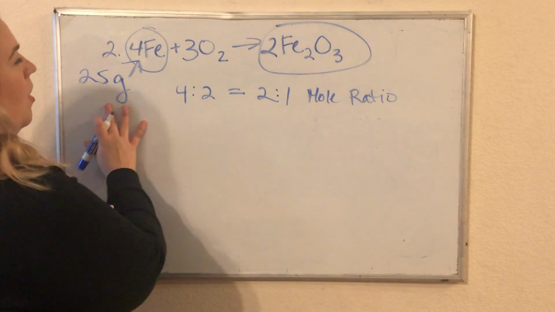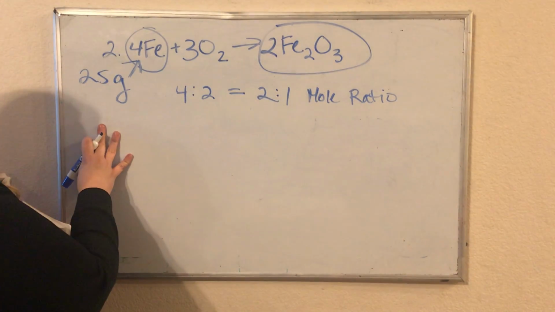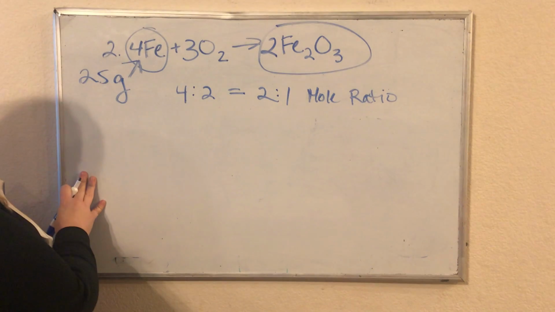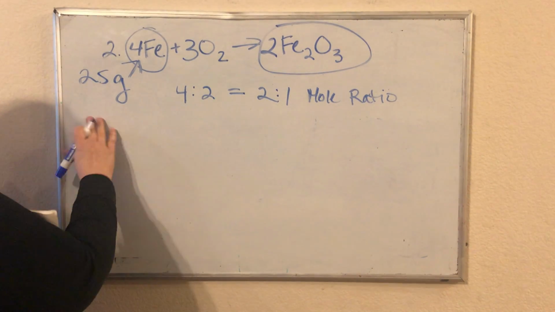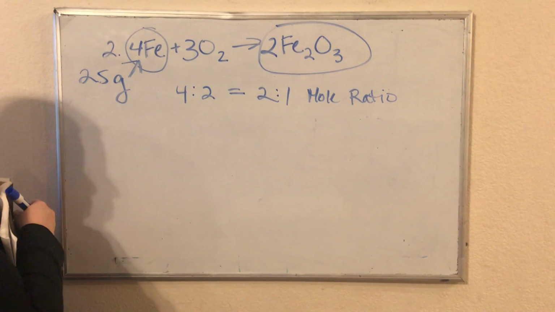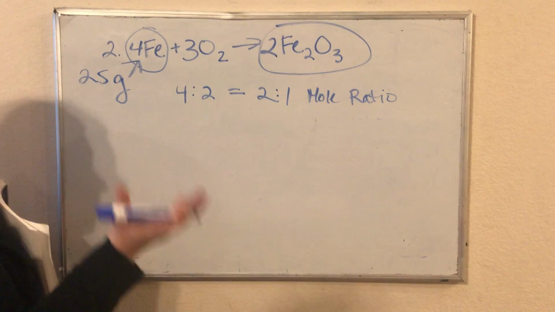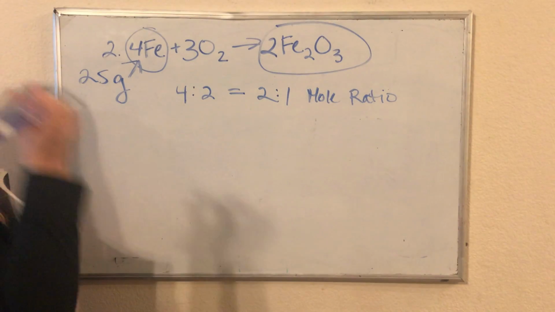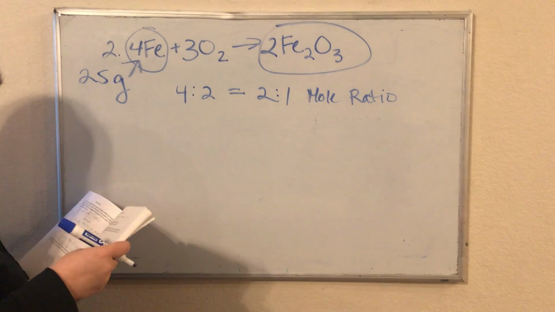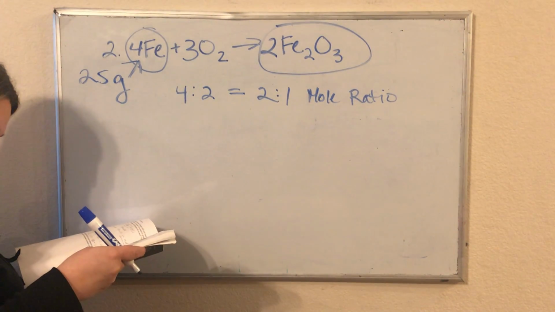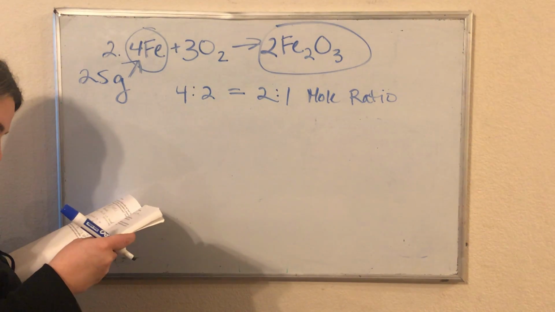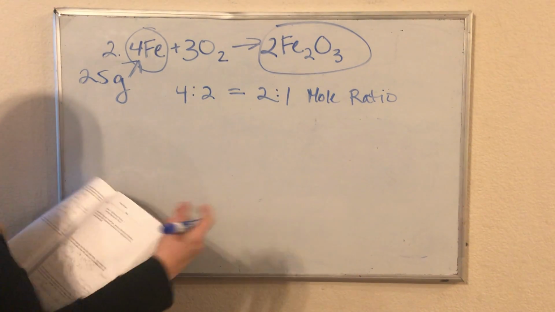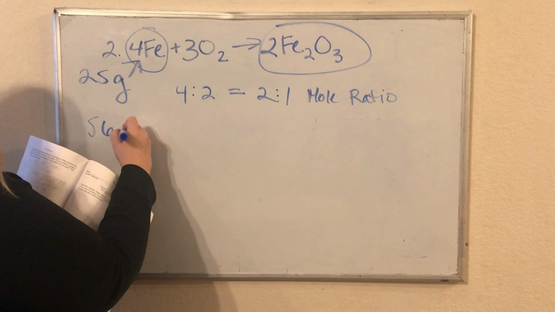Now, our iron isn't in the form of moles, so what we need to do is convert that to moles, okay? So if we have 25 grams of iron, how many moles do we have? What does iron weigh per mole? How many grams per mole? So iron, its weight is 56 grams per mole.